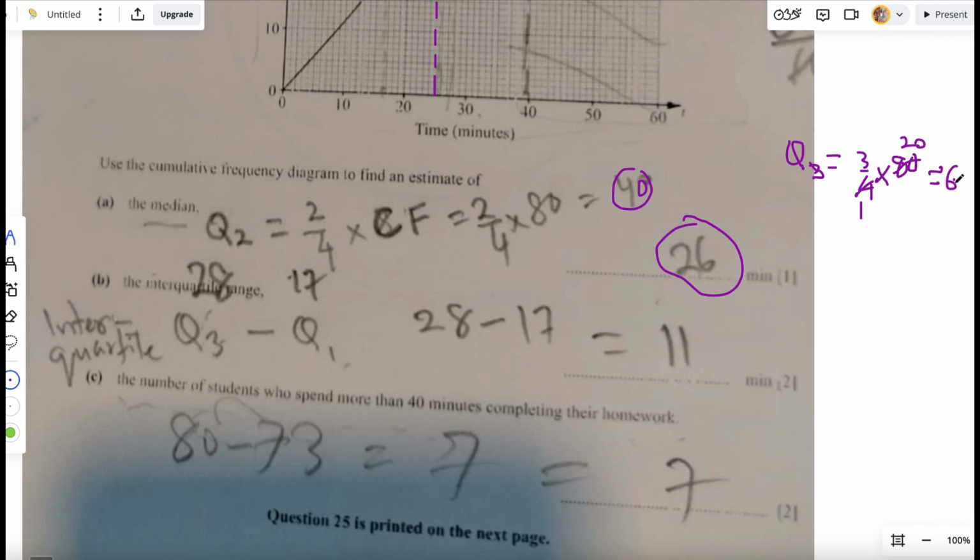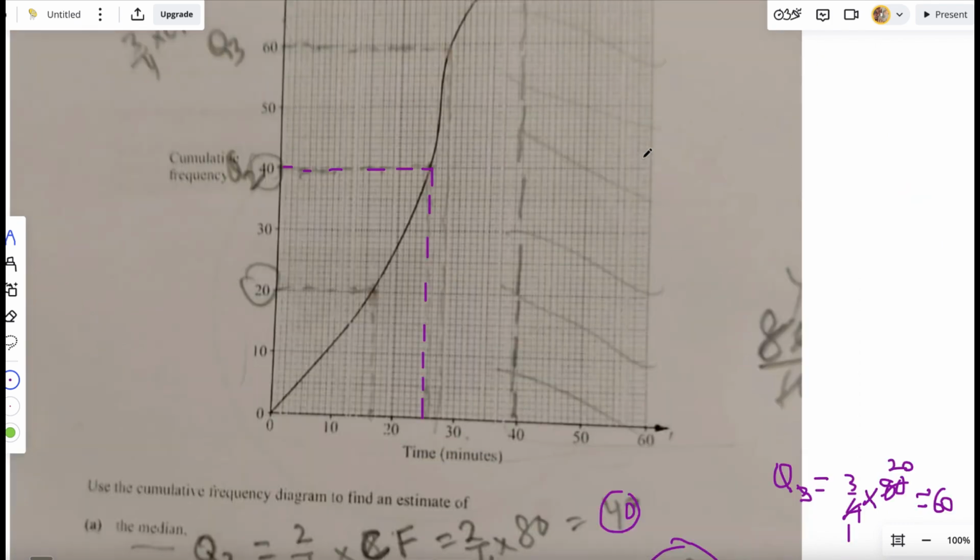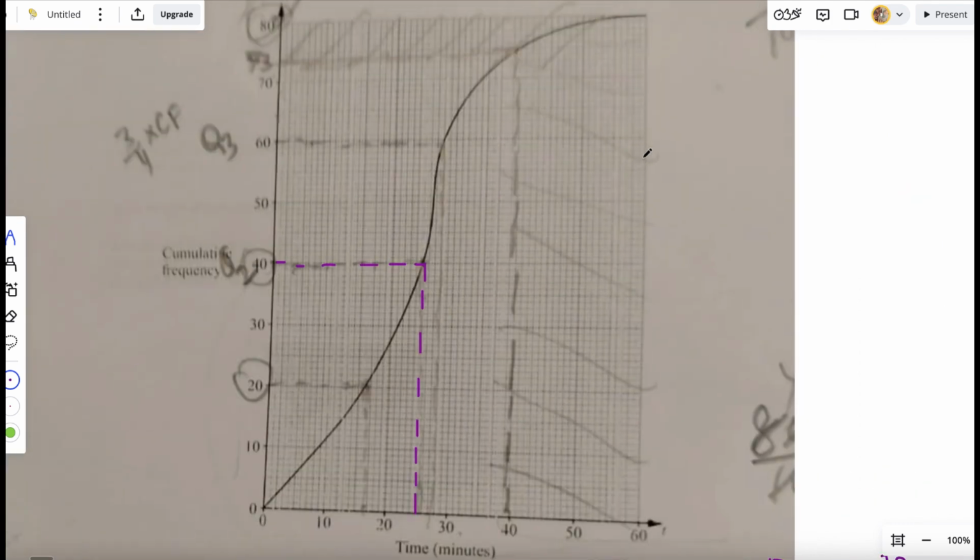The 60 is not the answer. It means you should come to the graph on the vertical side and trace 60 to the curve.